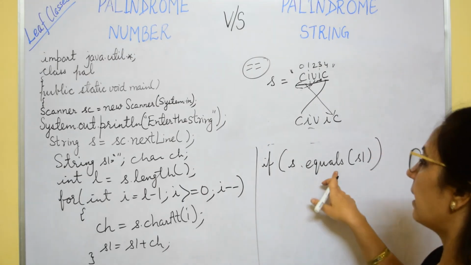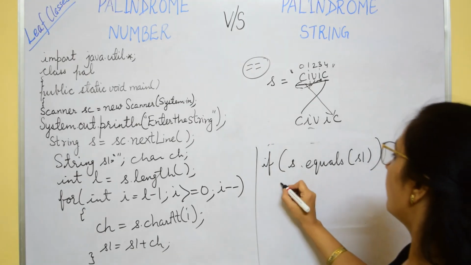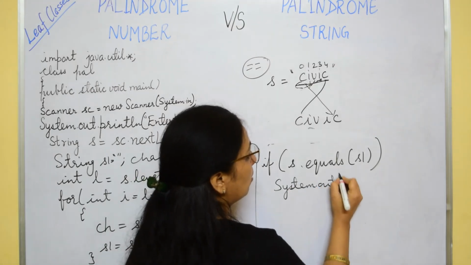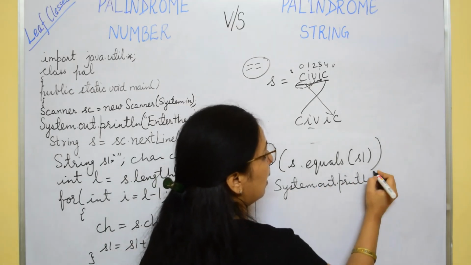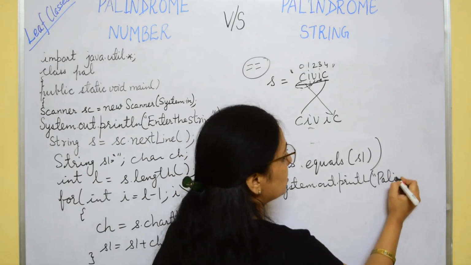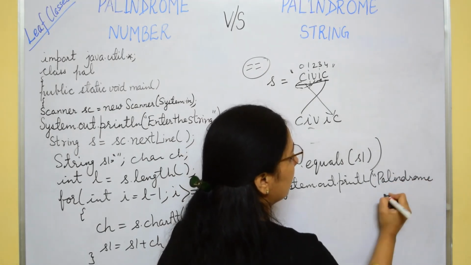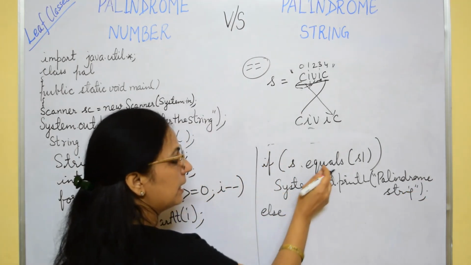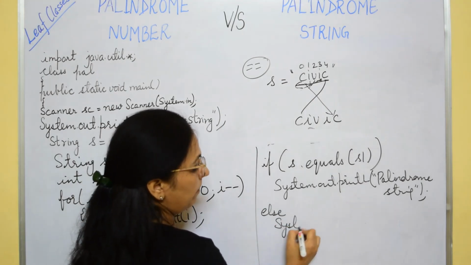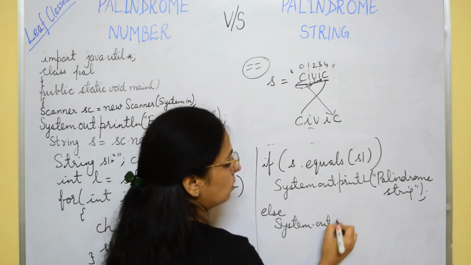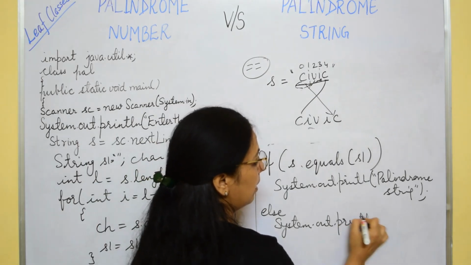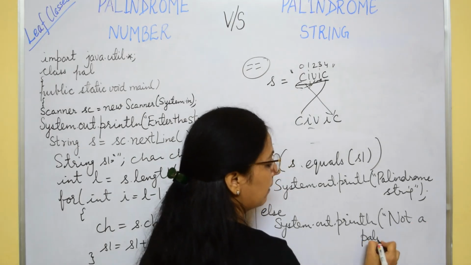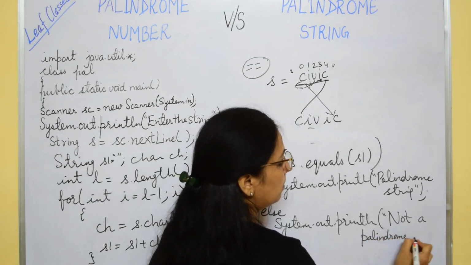If the entered string is equal to the reverse string, then you print System.out.println palindrome string, else if this condition is false, then you print System.out.println not a palindrome string.